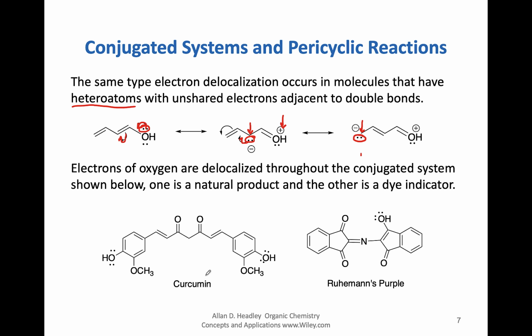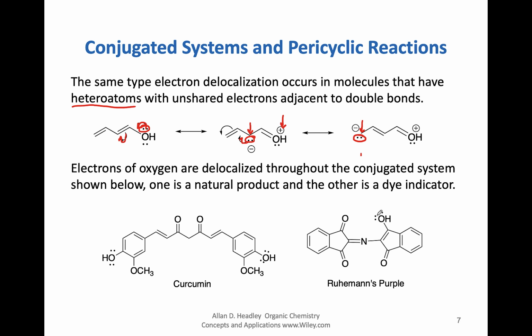Here are a couple of examples that are natural products. Curcumin, that's a spice, and as you can see, here is a pair of electrons. These are delocalized all the way over to here, or can be delocalized through the benzene ring all the way over to here. Same here, OH. Another example is a dye that we'll see when we look at the last chapter on proteins.